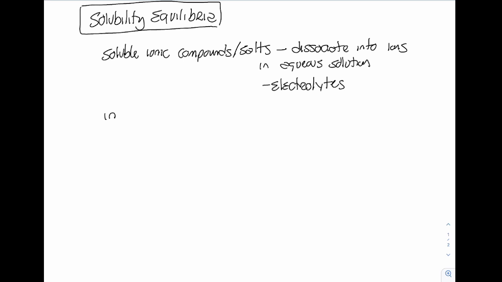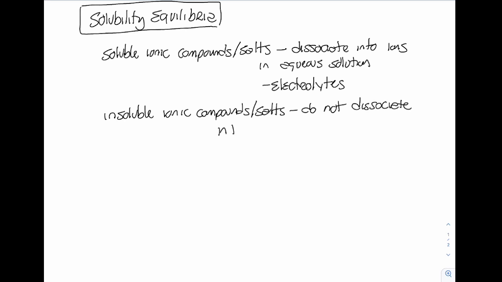Right? Our insoluble ionic compounds, and again, if you just want to say insoluble salts instead, that's fine, we would say that these do not dissociate into ions in aqueous solution. And we would have said that they were non-electrolytes, right?